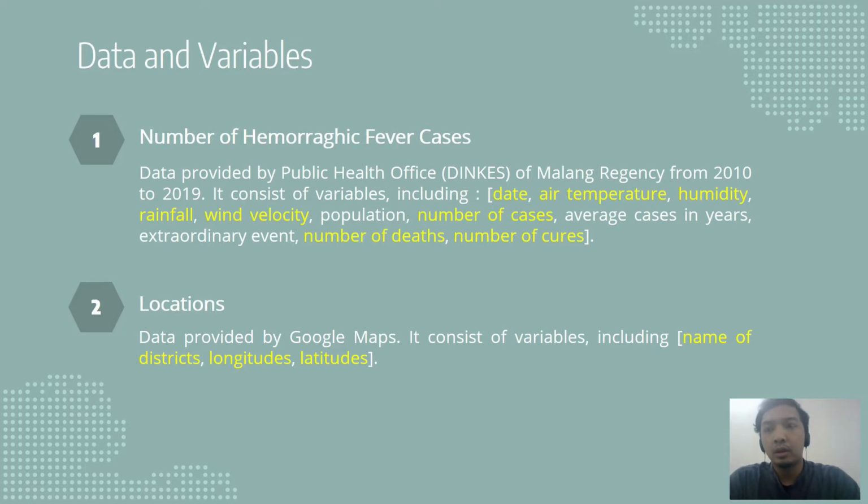So we just delete it and we use the other variables. There are factors why the number of hemorrhagic fever cases is increasing: the air temperature, humidity, rainfall, and wind velocity.